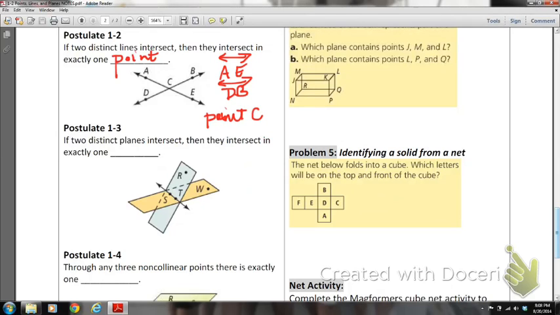Postulate 3, the third one, says if we have 2 distinct planes and they intersect, then they are always going to intersect in 1 line. So here, let's look at the plane that's horizontal. It's yellow in your picture. We can name it with 3 points. We have plane STW.